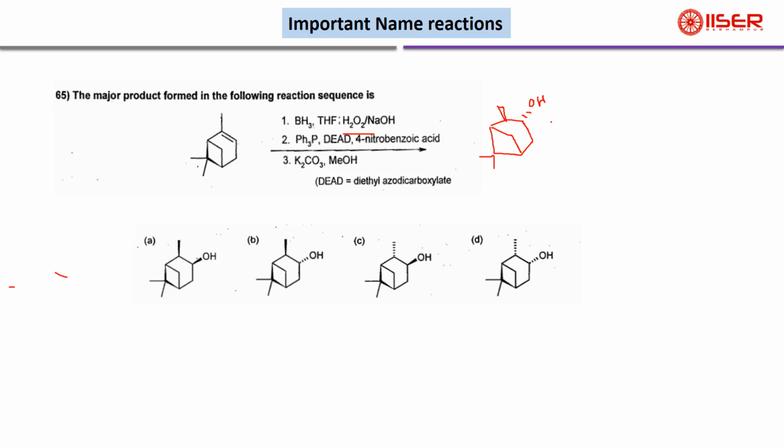Okay, now in the next step they are performing a Mitsunobu reaction. In the Mitsunobu reaction, what happens? We synthesize an ester from an acid. So here there is an alcohol and there is an acid. So there will be an esterification.